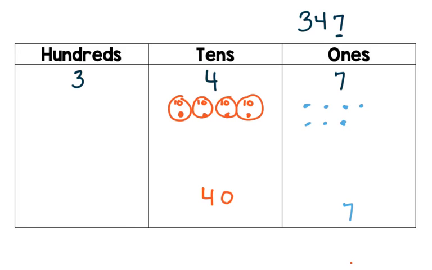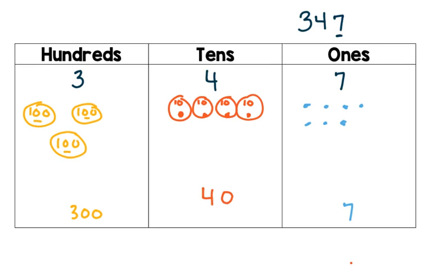Now I'm going to draw a picture to represent the hundreds. So now I need to count up the hundreds and write the number that tells the value of this digit in this number. So I have 100, 200, and 300.